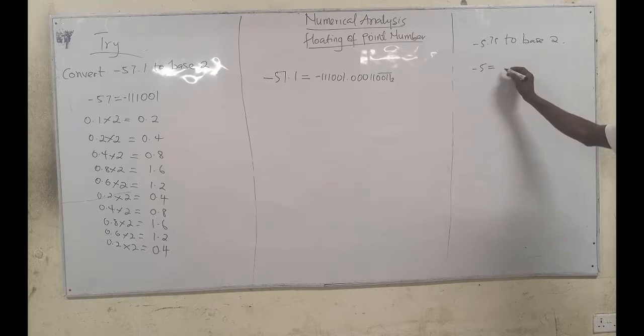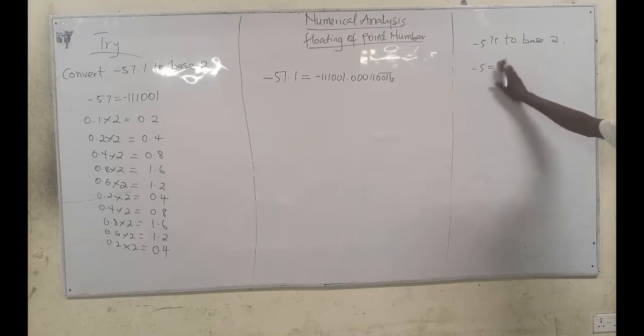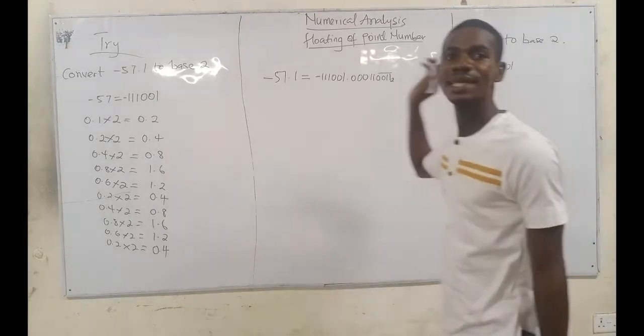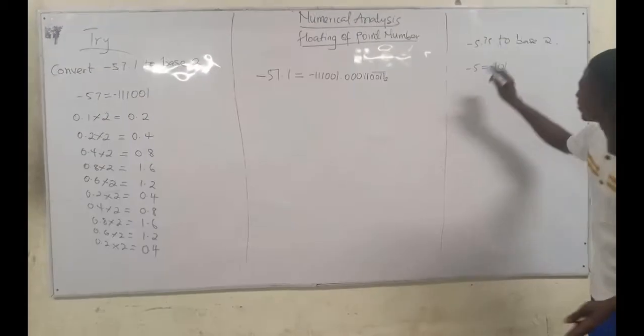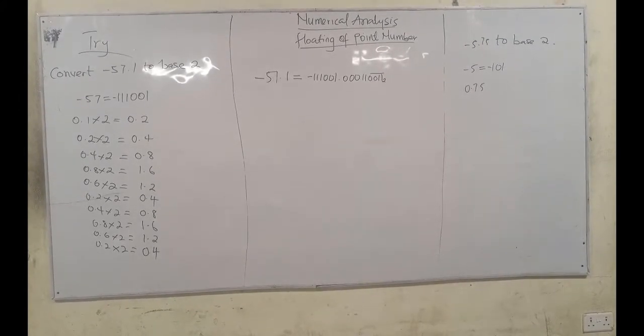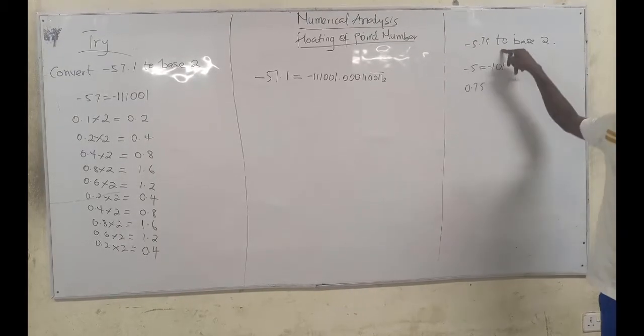Negative, but what do we get for this? 101. So the 5 will give us 101, right? So the rest of the number we have is 0.75. Is that okay? We have taken the 5, so we are left with 0.75.